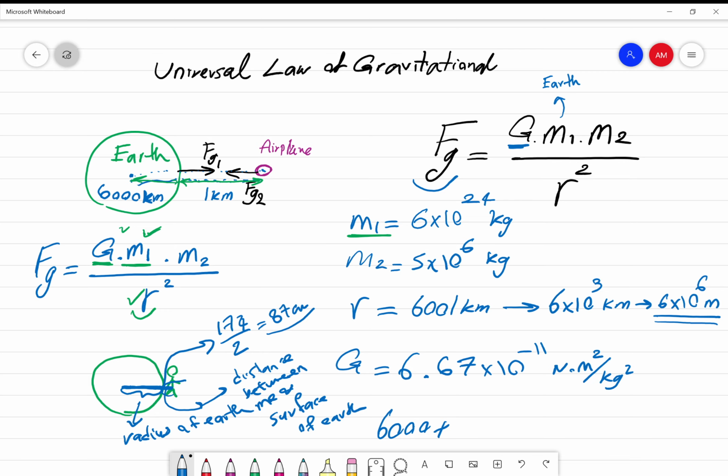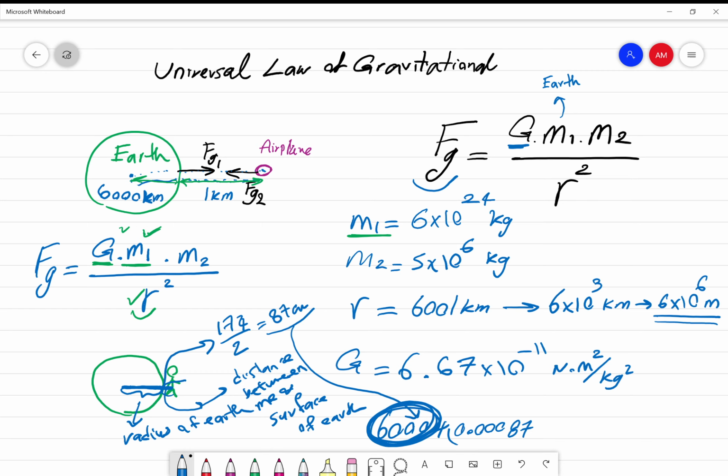And I have to convert centimeter to kilometer, because it's 6,000 kilometer plus 0.000, and that's for meter, and then another 87, like that. So the point is, the distance between Earth and any object, airplane, your body, the book, the laptop, any objects that we can imagine, is roughly equal to the radius of Earth.